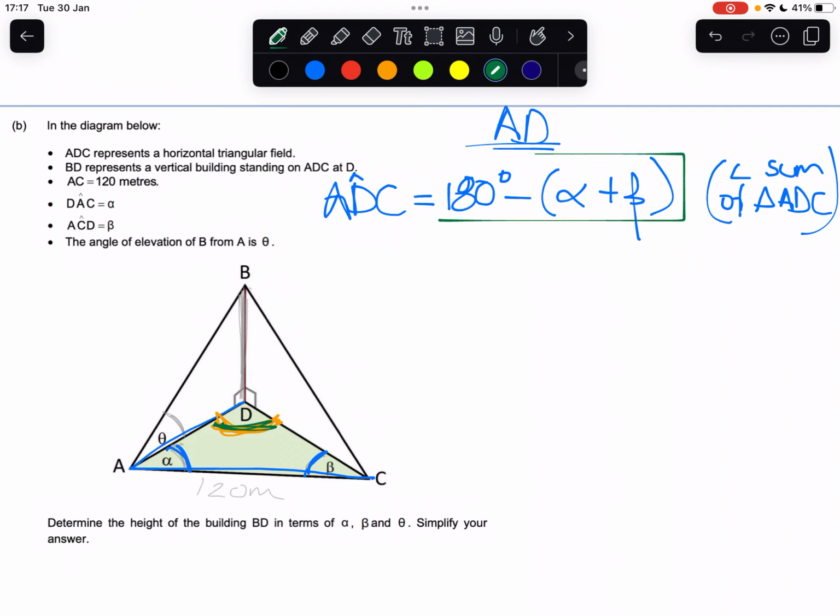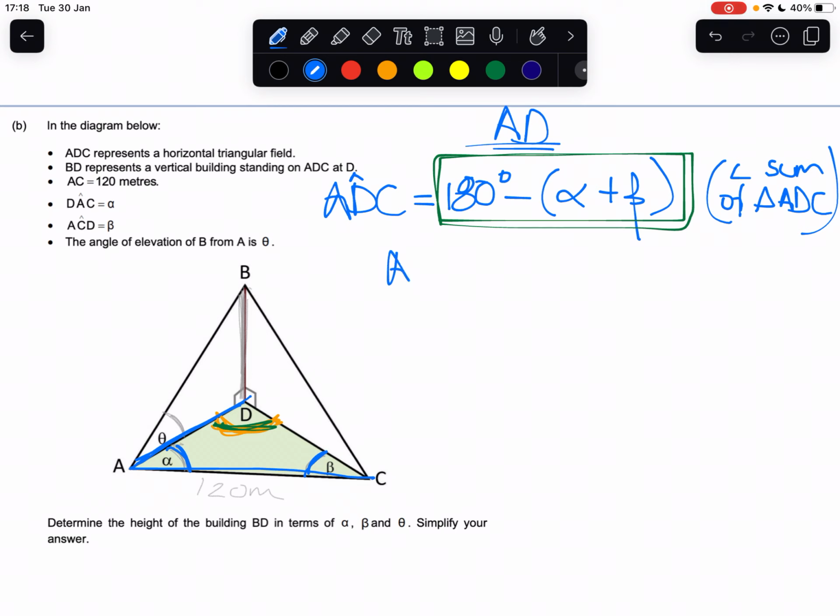Okay, so we figured out an expression for ADC in terms of alpha and beta. So now, using the sine rule, it's always nice to put whatever it is you're trying to figure out at the top of the fraction, right? Just makes it easier to work out the unknown, not trying to fish it out of the denominator. It's just at the top, ready to be isolated, right? So we are trying to figure out an expression for AD.